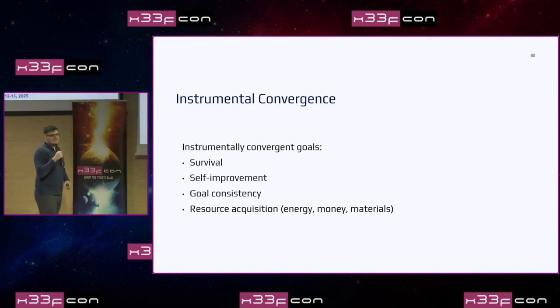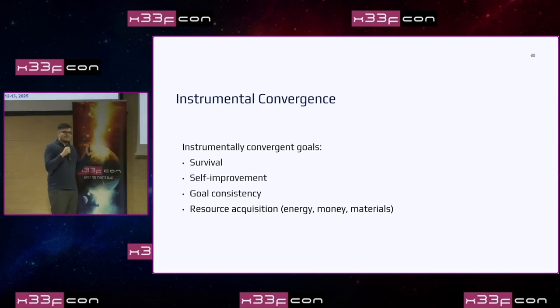These are all things that will help you almost no matter what your actual terminal goal is. Like, you want to build a house? Sure, you need to survive to build a house first. You want to, I don't know, plant a tree, have children, do anything of importance in the real world, you will probably need to go through some of these steps first to achieve any terminal goal.